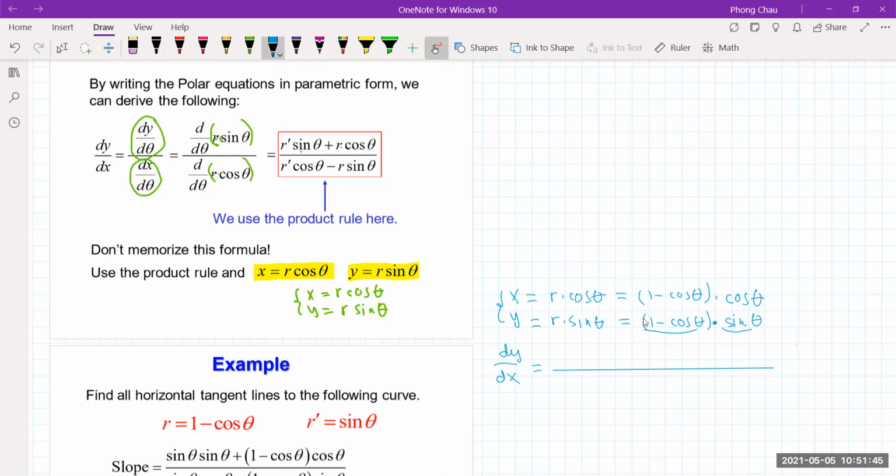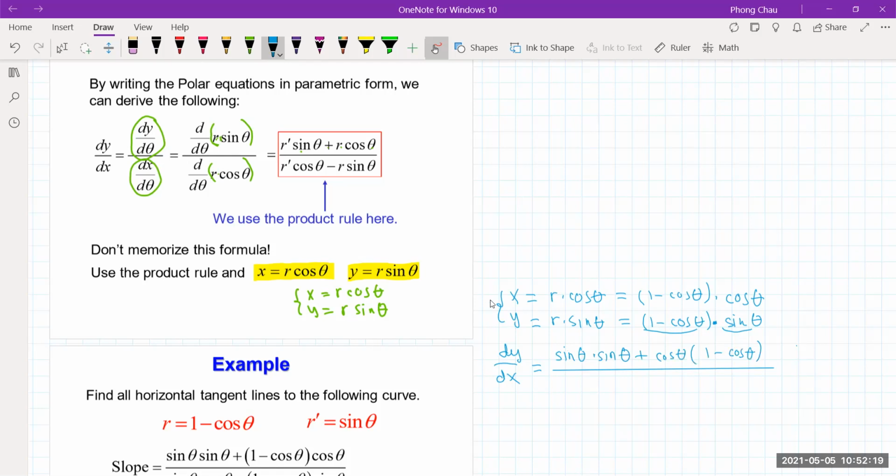So what's the derivative of 1 minus cosine? The derivative of 1 is 0, and the derivative of cosine is negative sine. With the negative, it turns into sine theta. So the derivative of the first part is sine theta times the second, sine theta, plus the derivative of sine, which is cosine theta, times the first, 1 minus cosine theta.